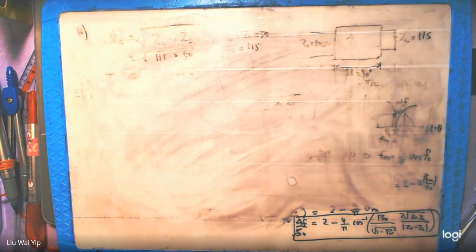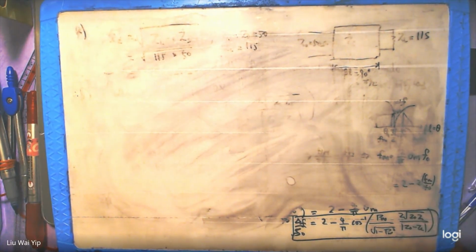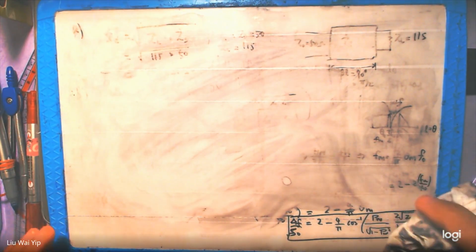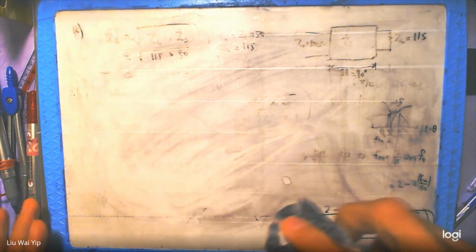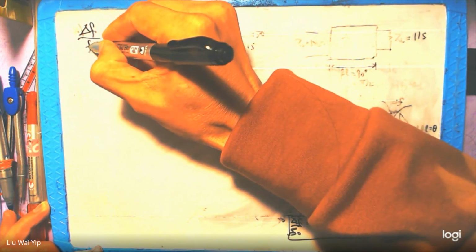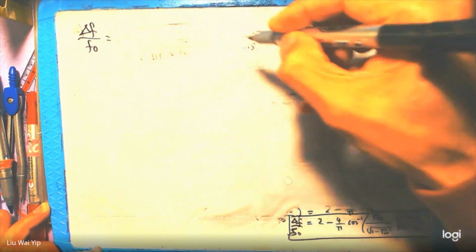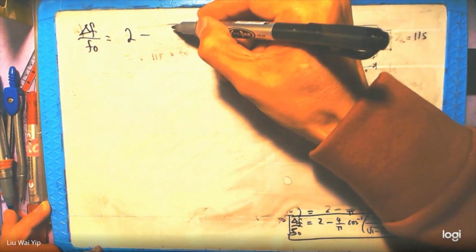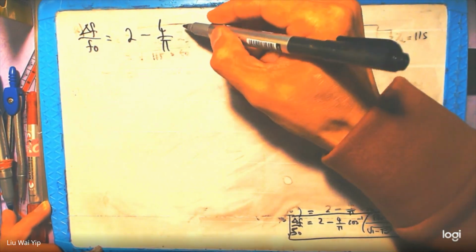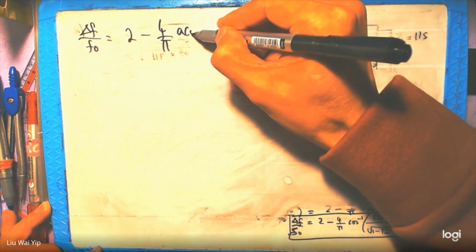This is what we have here, our divider formula. I'm going to write down here: the fractional bandwidth is equal to 2 minus 4 over pi, and then arc cosine.